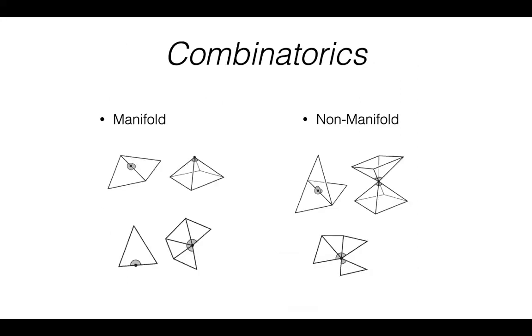And also there's the combinatorics, because in the beginning of the lecture, we said we want to deal with manifold shapes. And a manifold is locally similar to the Euclidean space.